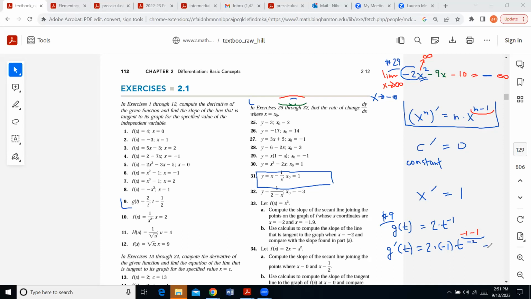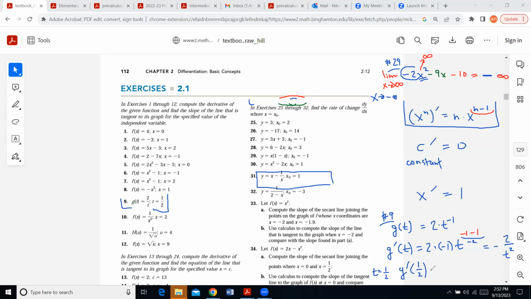So I can write this as a negative 2 on the top and t squared on the bottom, because we never leave t to the power of -2. We bring it to the denominator. Now, there is one more piece of data given here. They also say that t is equal to 1/2, which means that I need to find the derivative at 1/2.